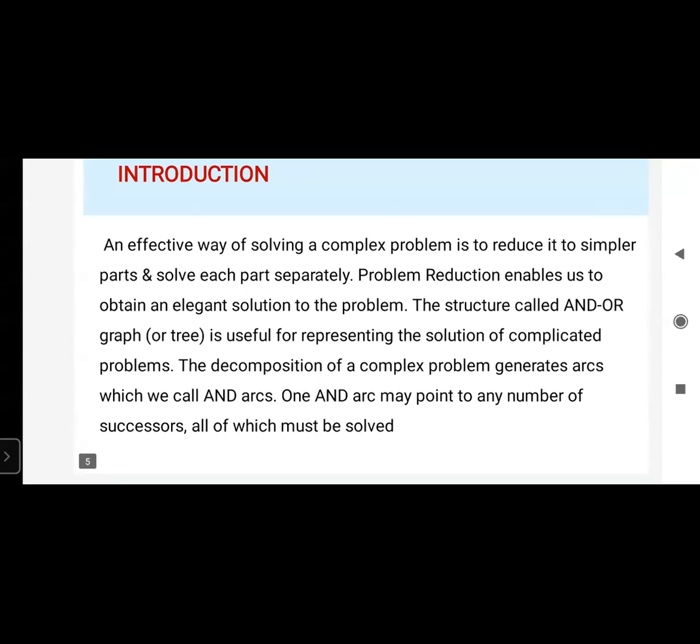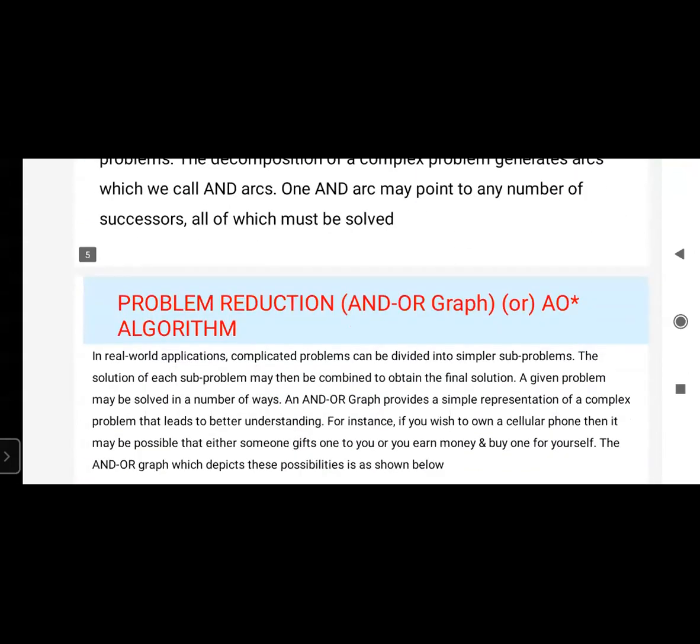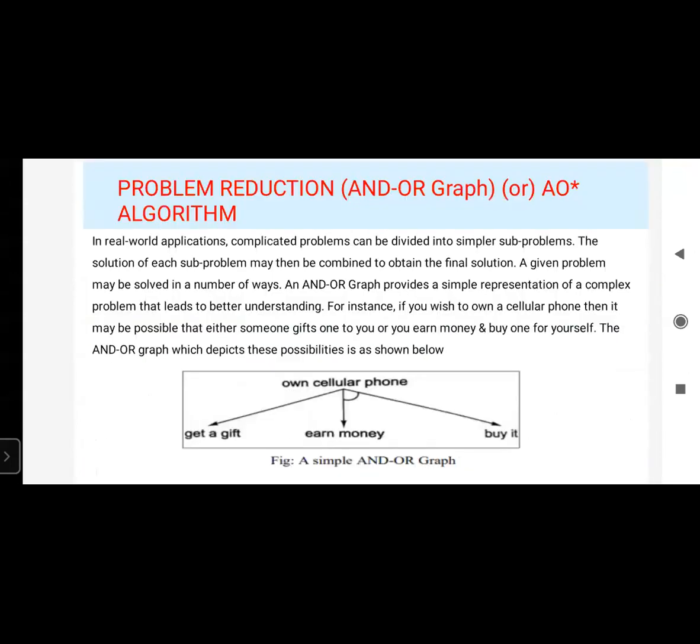Next, coming to problem reduction, or AND/OR graph, or Weierstrass algorithm. These are the names for problem reduction. Let us see an example here.